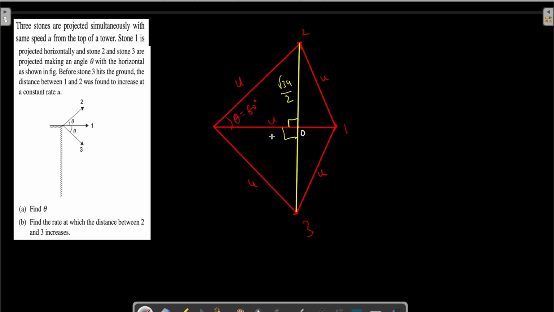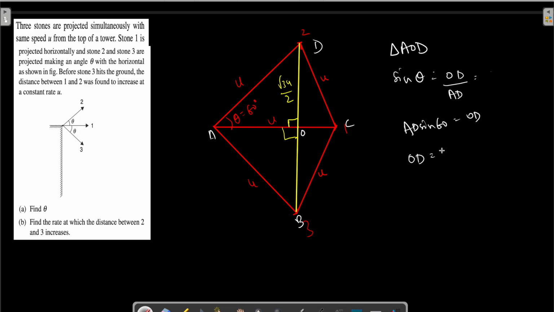This is O A B C D. For triangle AOD, sine theta is equal to OD by AD, and OD is what we need to find, so sine 60 times u is our OD.